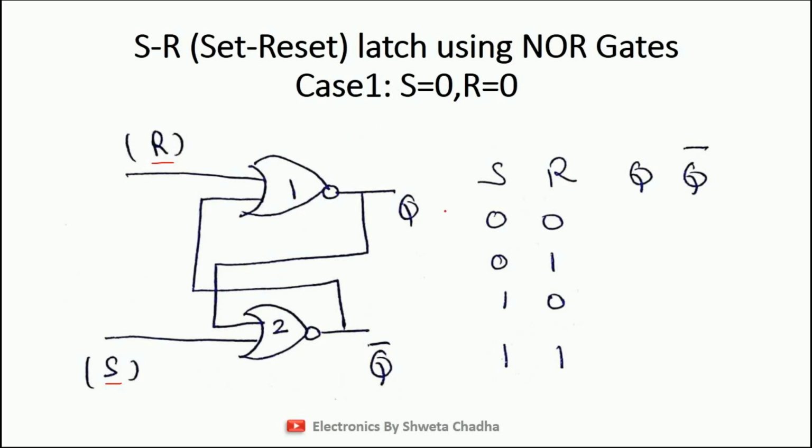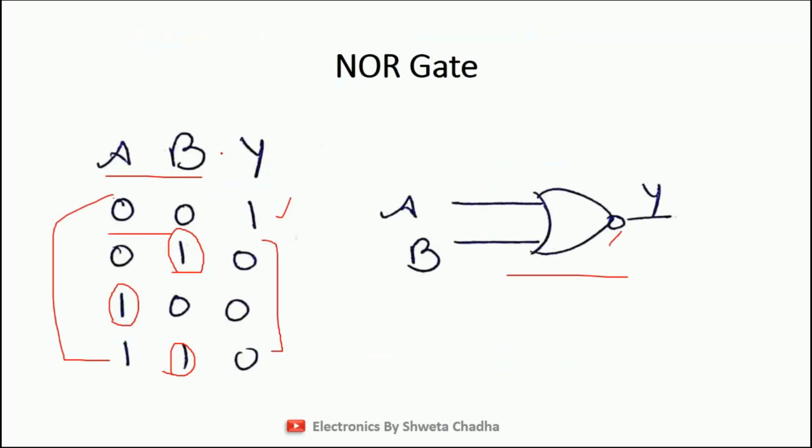So let us discuss the first case. The first case is when S is equal to 0 and R is equal to 0. Now, as per the discussion I have just done, the conclusion for the NOR gate says that when a minimum of one input is equal to 1, then only we can simplify the gate.